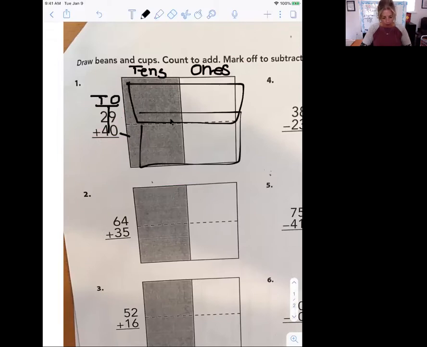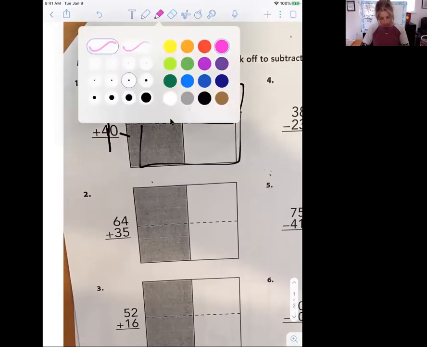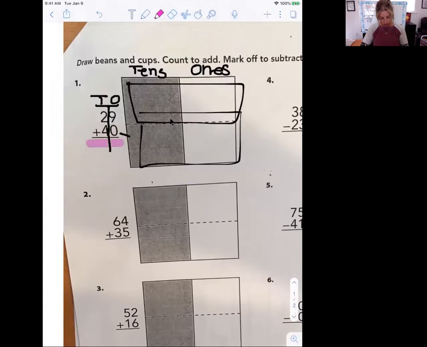Okay. Now, you want to make sure that after you're done solving your problem and getting your answer right here, go ahead and count whatever you have total for your 10s, whatever you have on the bottom of your answer for your 10s. Make sure you have that many cups of 10s.